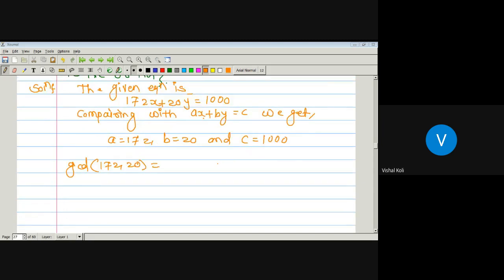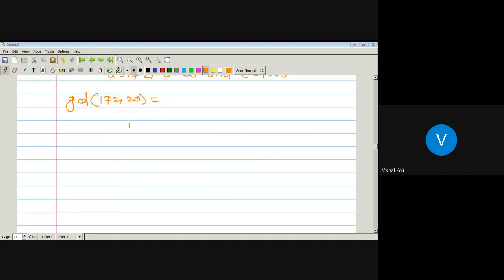So here first we will find the GCD by using Euclid's algorithm. 172 can be expressed as 20 into 8 plus 12. 20 is 12 into 1 plus 8, and 12 can be written as 8 into 1 plus 4, and 8 can be written as 4 into 2.